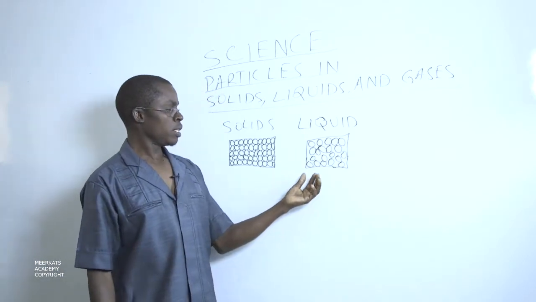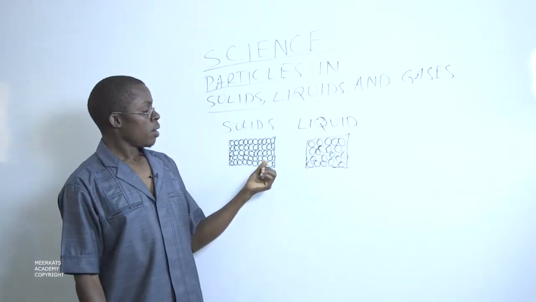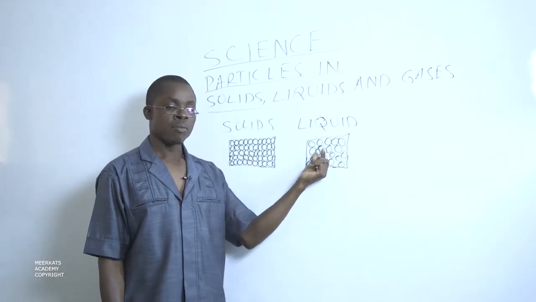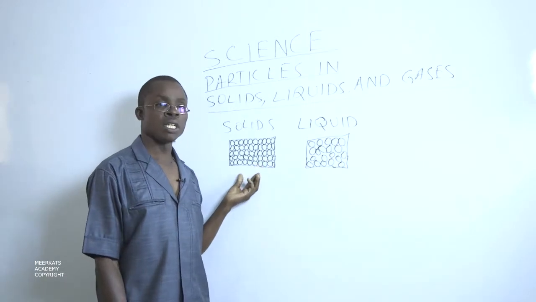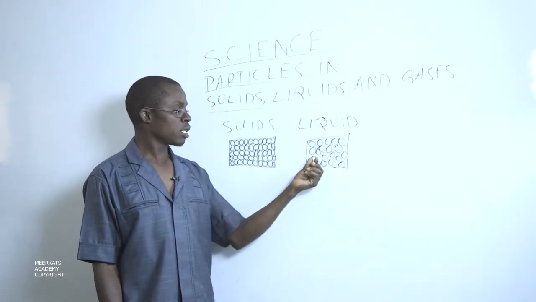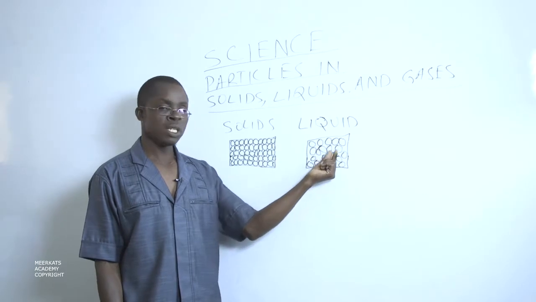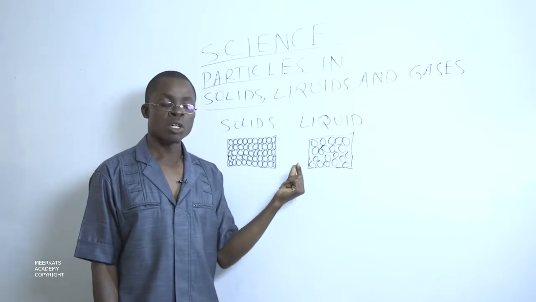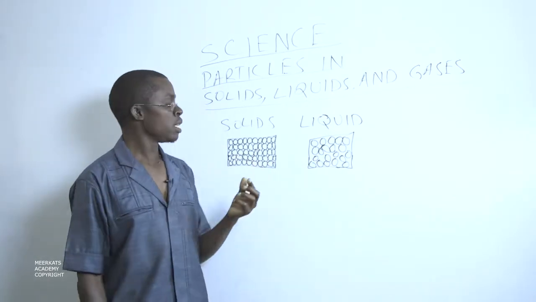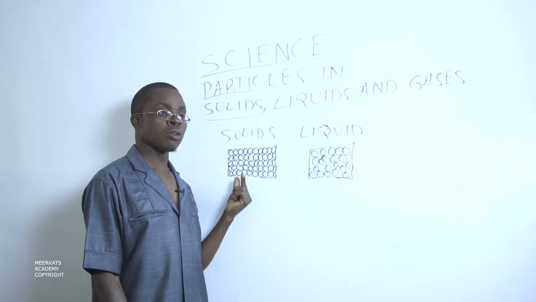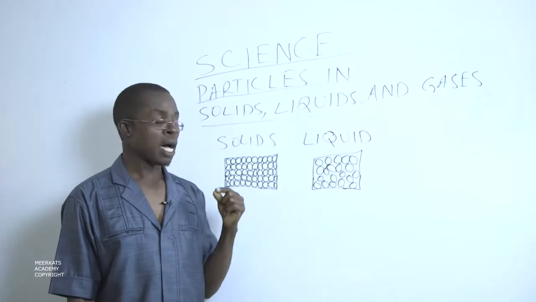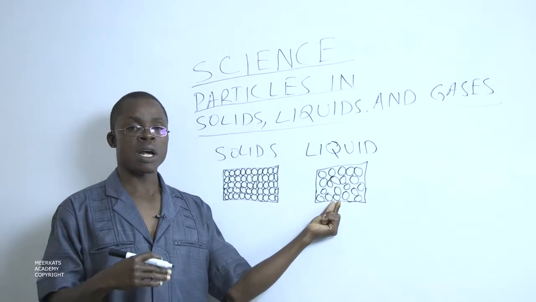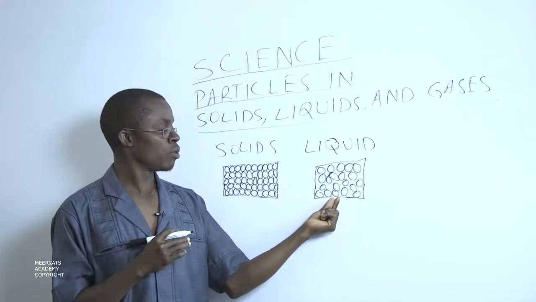You now realize in this box, the small particles are close together, but not as much as in a solid state. You can see some small spaces between the particles. This makes these small particles have one other ability that the small particles in solid state do not have, and that is they move around. They are mobile. They are free to move.